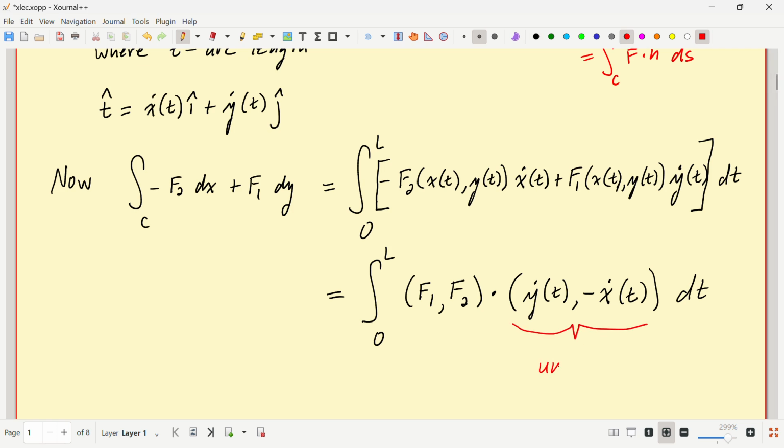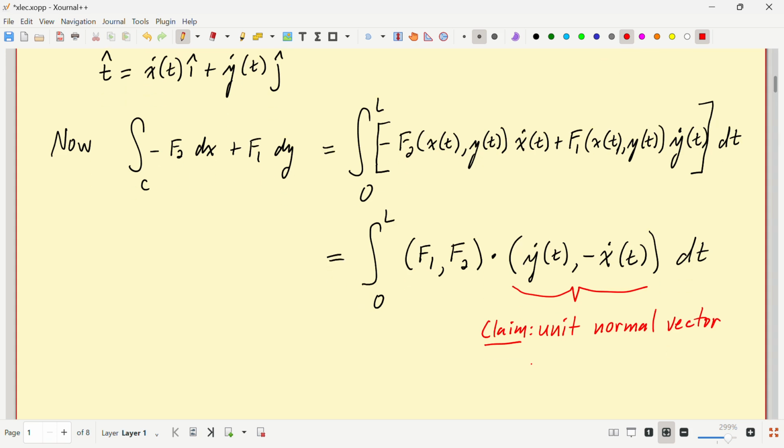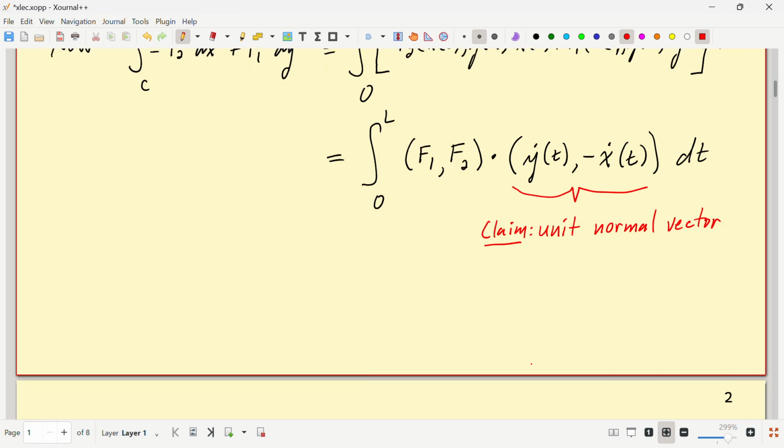And it's pointing in the right direction. I claim that that's equal to the unit normal vector. Okay, well, it's easy to see that it's orthogonal to my tangent vector. So let's check this.